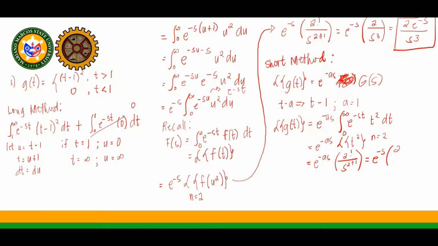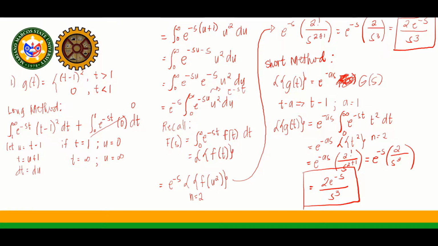And then 2 factorial is still 2, over s raised to 3. So our final answer will be 2e raised to negative s over s cubed. So the long method and the short method got the same final answer.